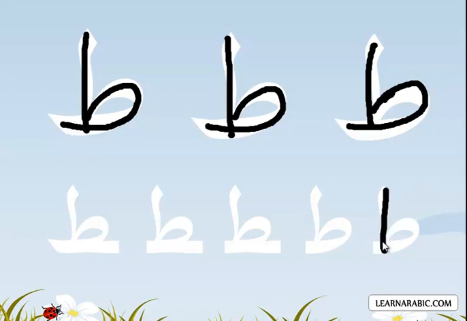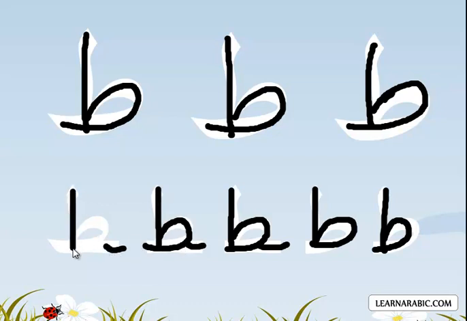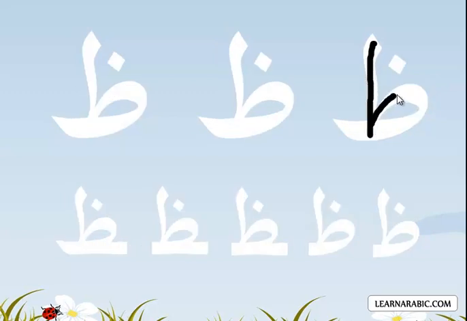So at the beginning it's like that, once more at the beginning like this, then in the middle the connector from the previous letter, and then like that again in the middle of a word like this, and finally at the end it is like this. And then we have the partner of Ta, which is Dha. So exactly the same, and the dot is what distinguishes it from its partner.